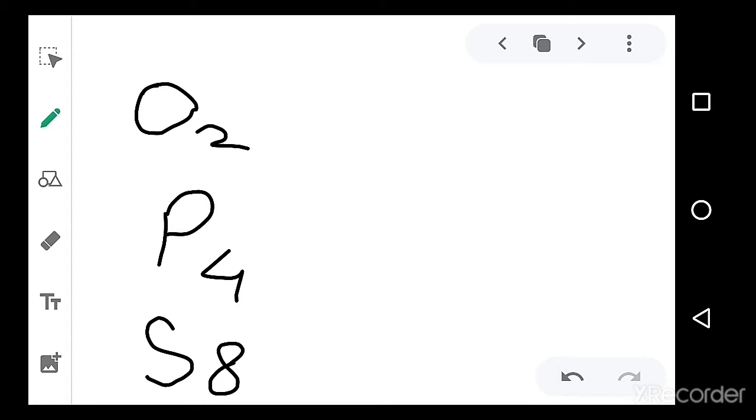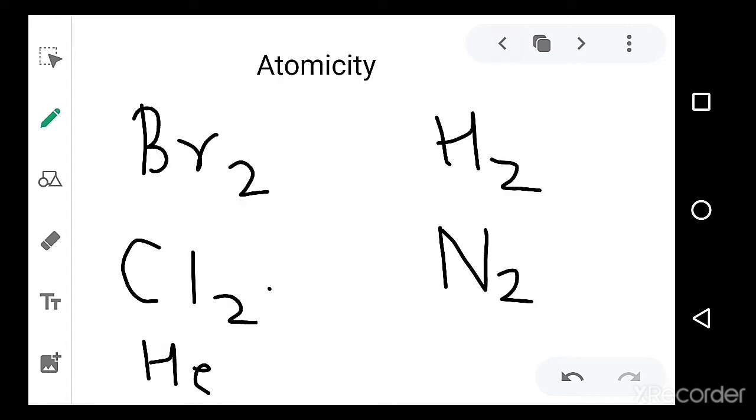So in one molecule of oxygen there will be 2 atoms. In one molecule of phosphorus there will be 4 atoms. For sulfur, 8 atoms in one molecule. For nitrogen, 2 atoms in one molecule. Now I think you can tell me the remaining, but I will repeat for you.